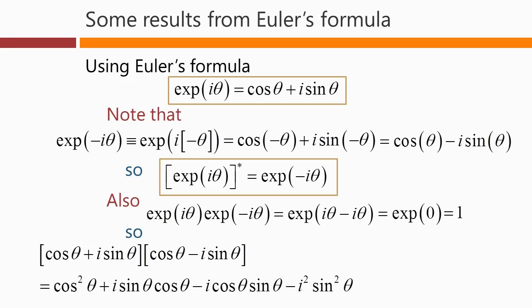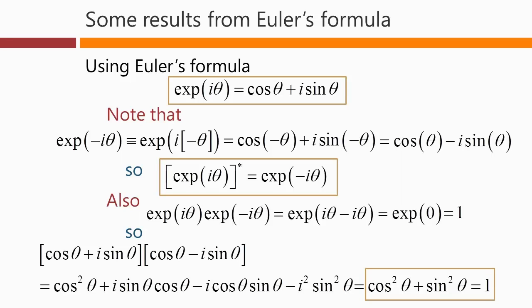And we get minus i cos theta times sine theta from this pair here. And then we get i sine theta times minus i sine theta, which is i squared sine squared theta with a minus sign in front of it. And of course, we cancel out the middle terms, and it is cos squared theta plus sine squared theta. So this proves that cos squared theta plus sine squared theta is equal to 1.